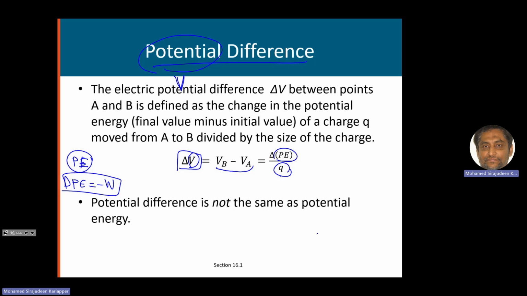Delta means final minus initial. Again, I have to stress this: potential difference, that means delta V, is not the same as potential energy or the change in the potential energy. This is how they are related. Delta V is equal to delta PE divided by the size of the charge.